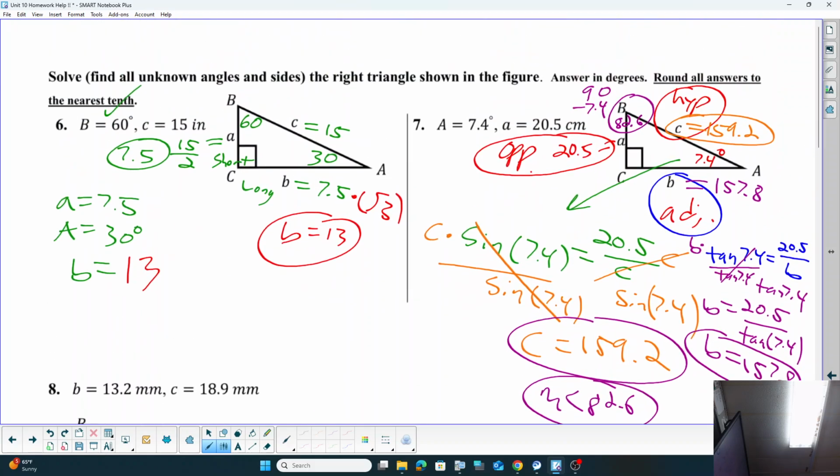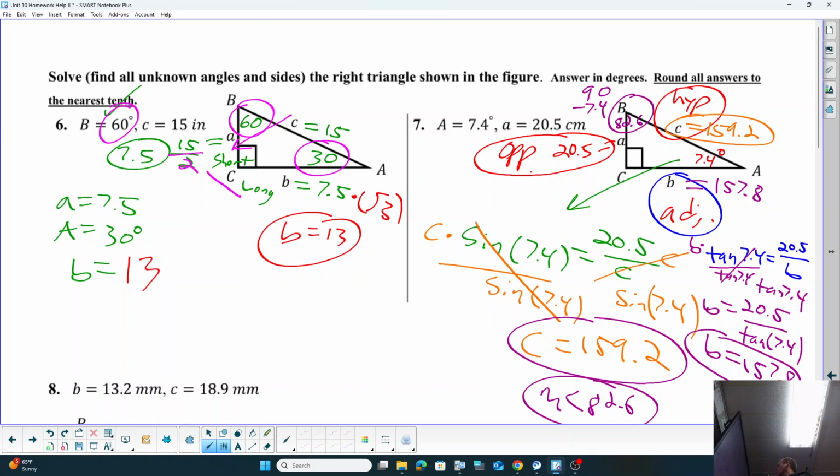And so number 6 and number 7 is here. Number 6 up there, they gave you that it was 60 degrees, and then we knew it was a 30, 60, 90. From the hypotenuse to the short leg, we can take the 15 that they give you and divide it by 2.